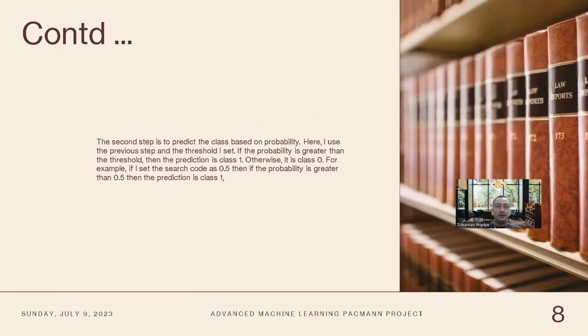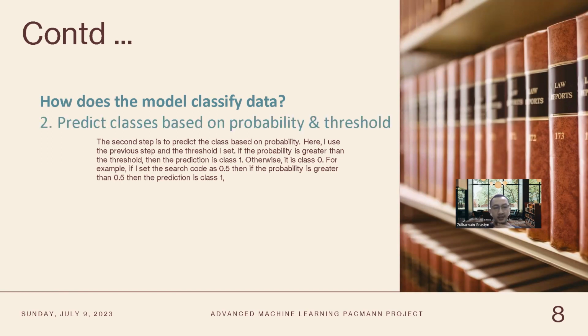The second step is to predict the class based on probability. How does the model classify data? Predict classes based on probability and threshold. Here I use the probability from the previous step and the threshold I set.